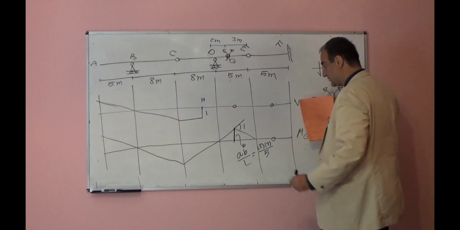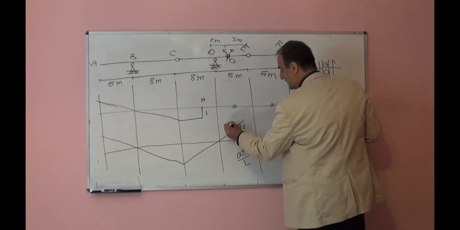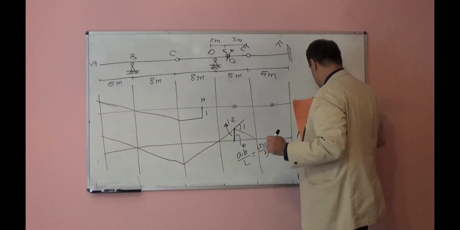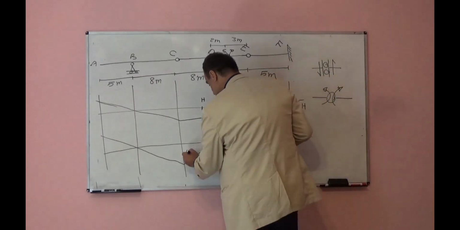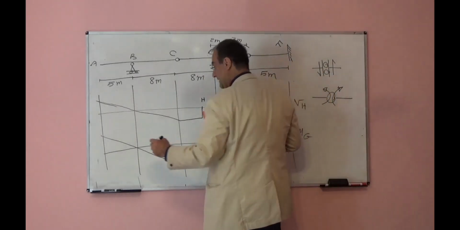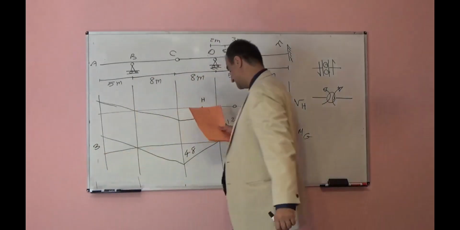So that will be 6 over 5, which is 1.2. If that is 1.2, from similar triangle, this is 4.8 and this will be 3.